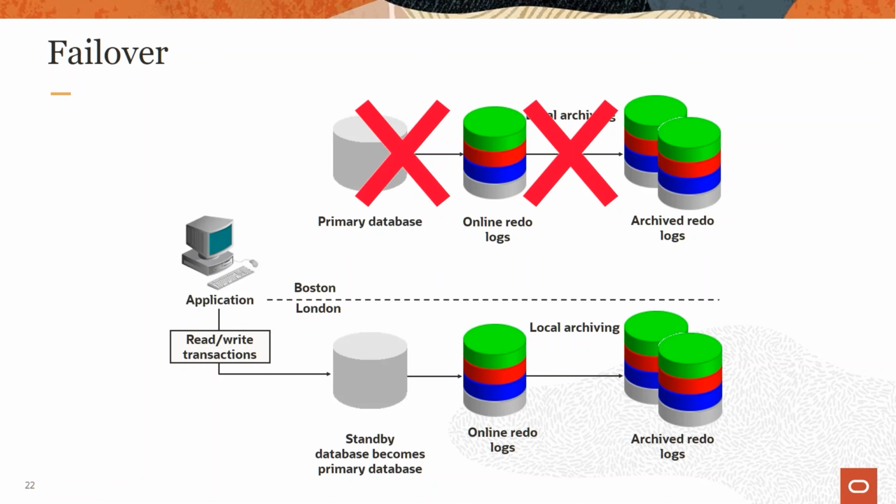However, if your problem is just a temporary storage problem, and you have a spare disk and the storage can be fixed pretty quickly, then we don't have to perform a failover operation. Just in-place recovery will be more than enough.